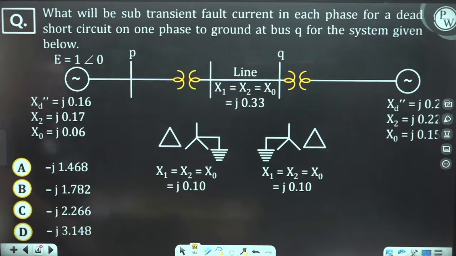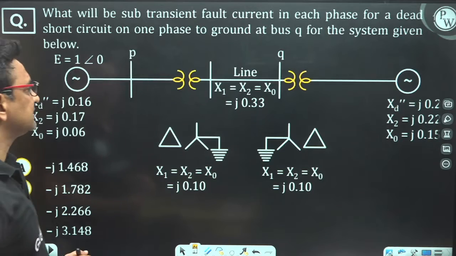This is a question. What will be the sub-transient fault current in each phase for a dead short circuit of one phase to ground at the bus Q?